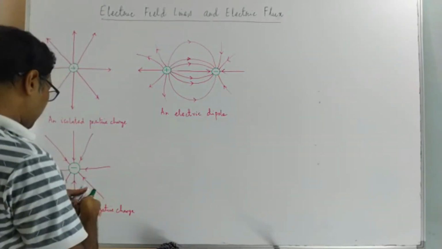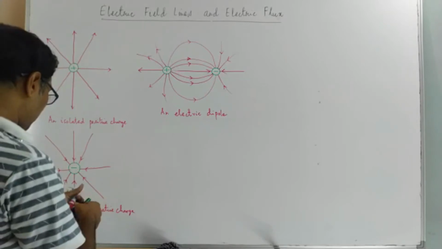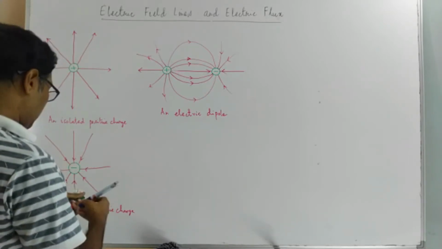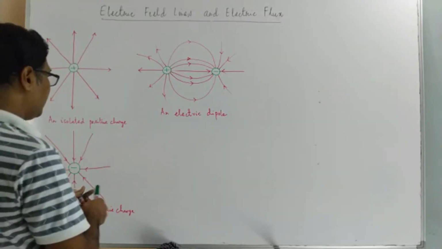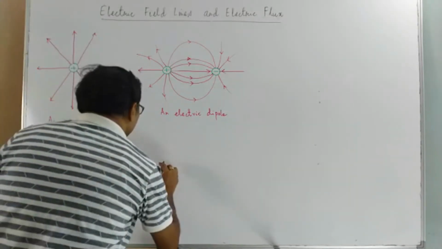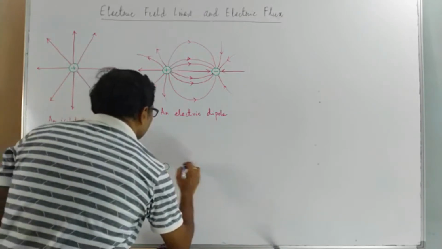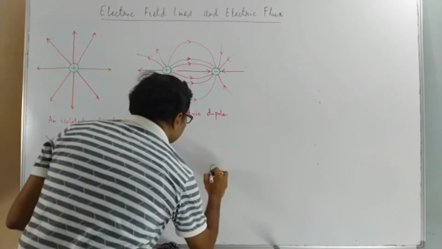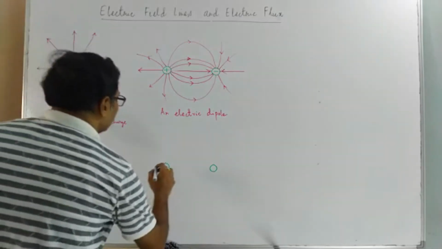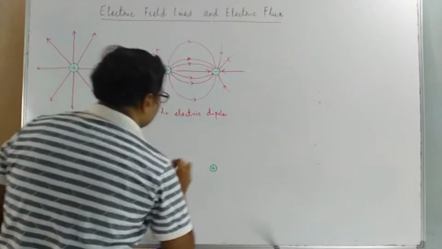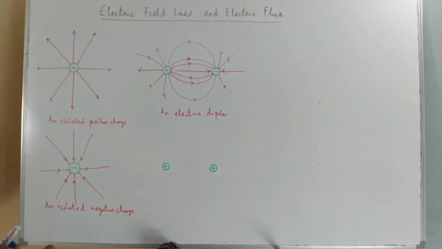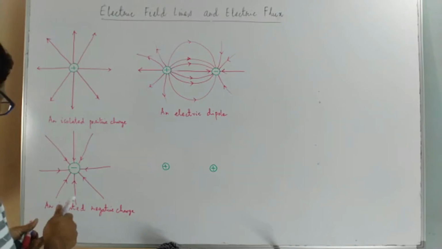We may also consider two equal positive charges separated by a very short distance. So you can see that you have two positive charges separated by a very short distance.